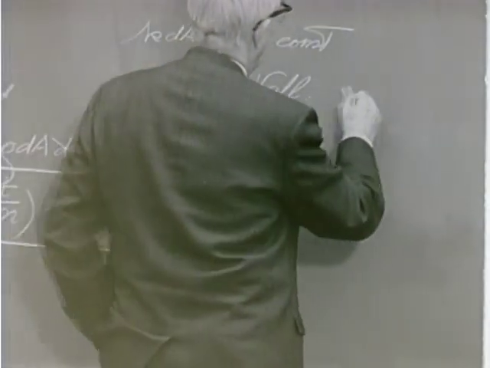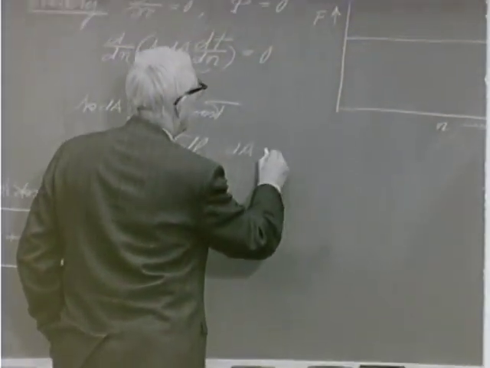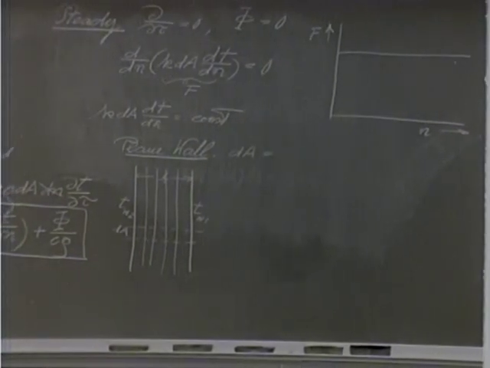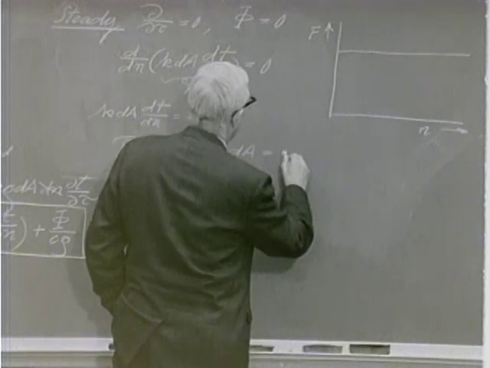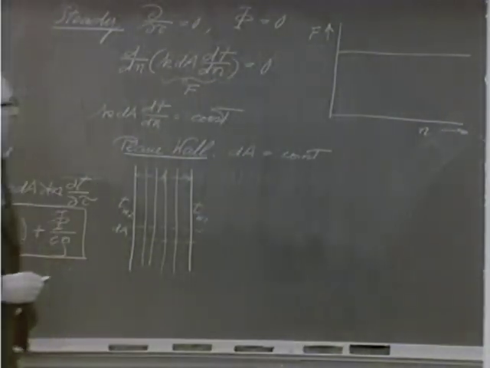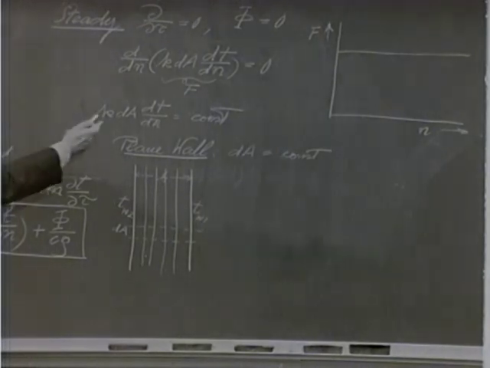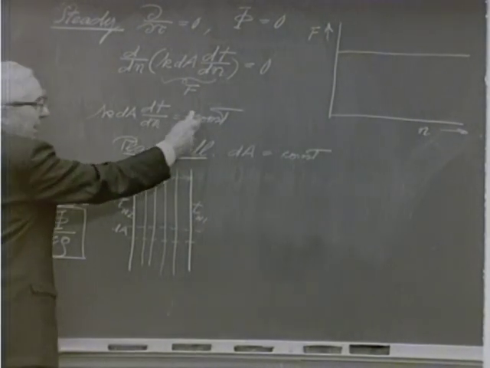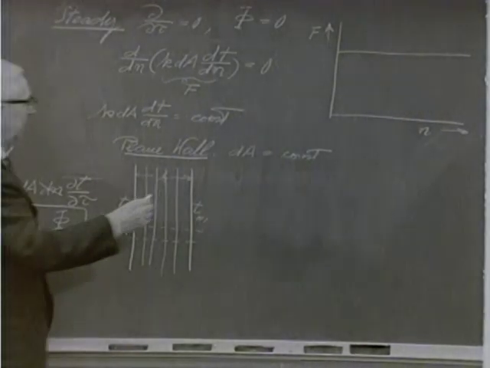So from our concept of the stream tube, we can say in this specific situation the dA is constant. So this means if the dA is constant, then this parameter k dT/dN has to be a constant too.